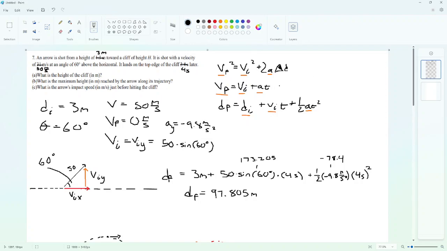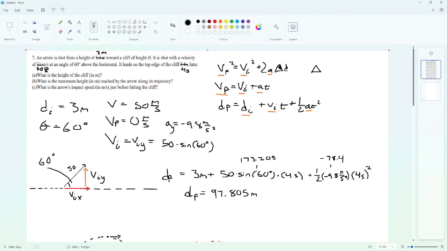So what we can do is we have two options. We can find time, and using that time, we can go ahead and plug it here to find the final position, or we can find the displacement using this one and then add this displacement to our initial position.